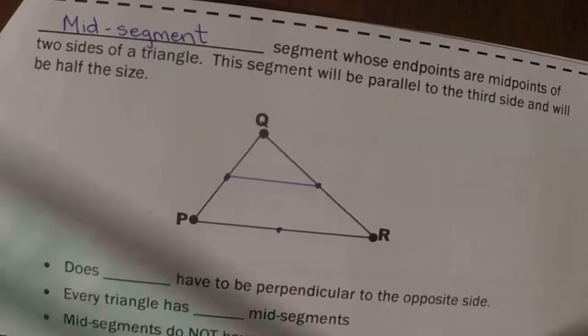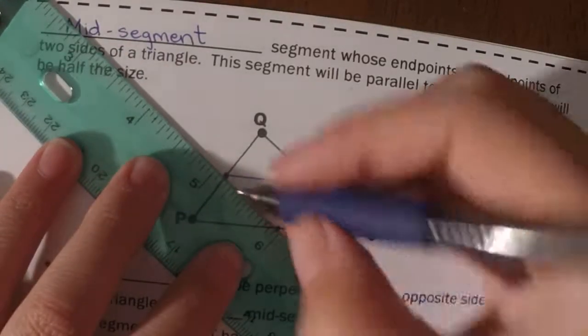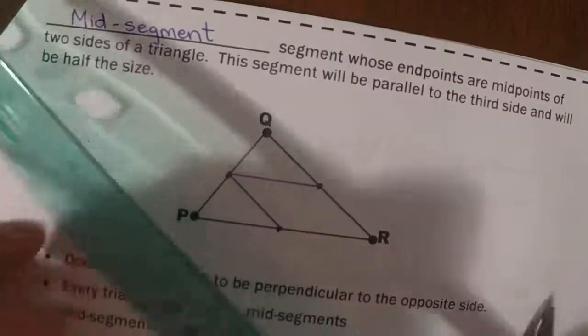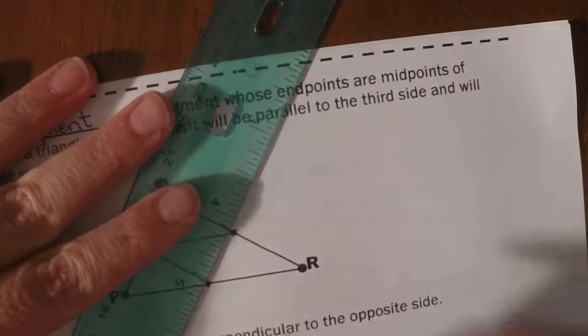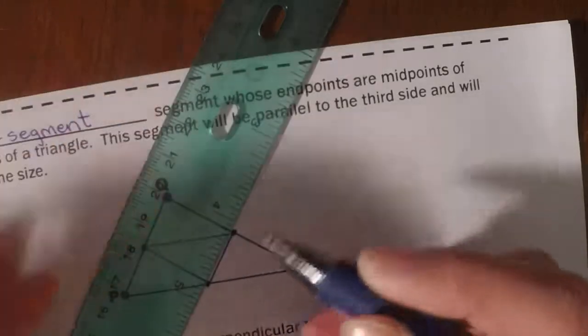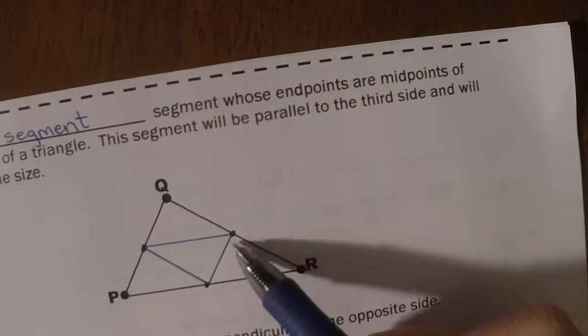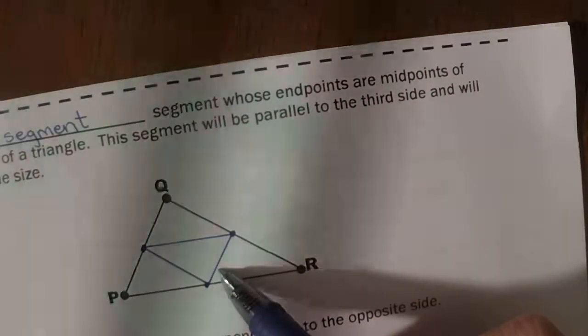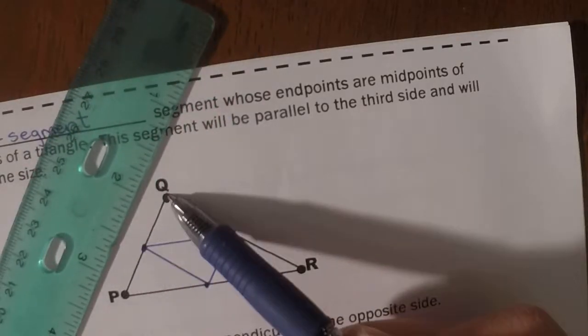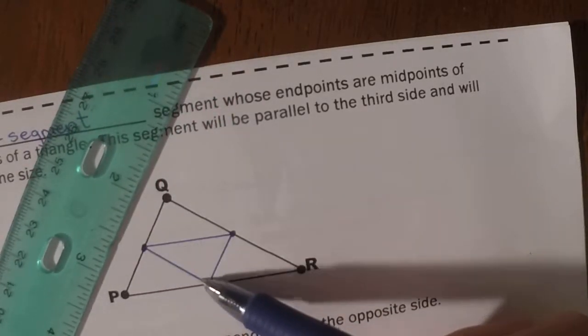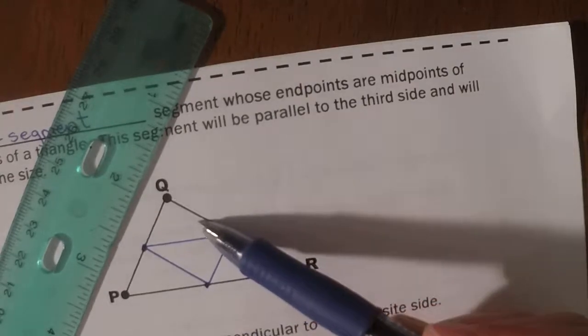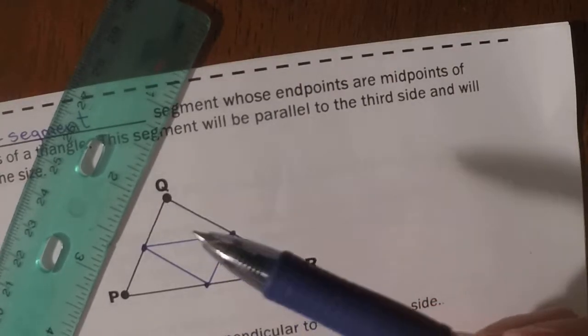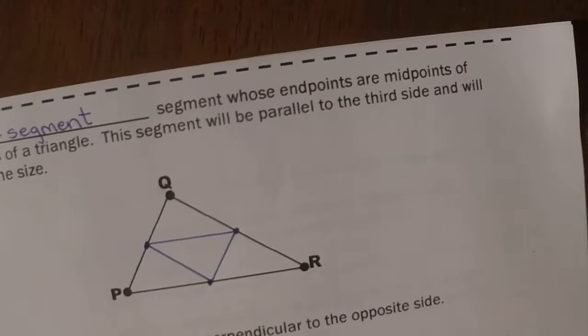And we could have 3 mid-segments, because we could put one here, and we could put one over here. So this one would be half the size of QP. This one would be half the size of QR. So it's whatever they're parallel to that they are half the size of.